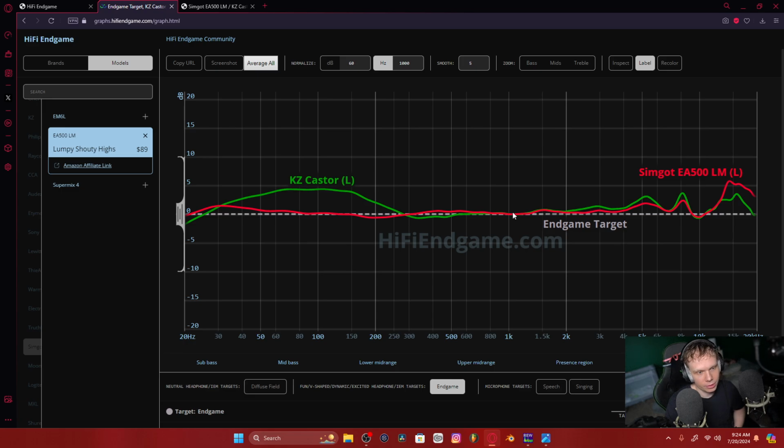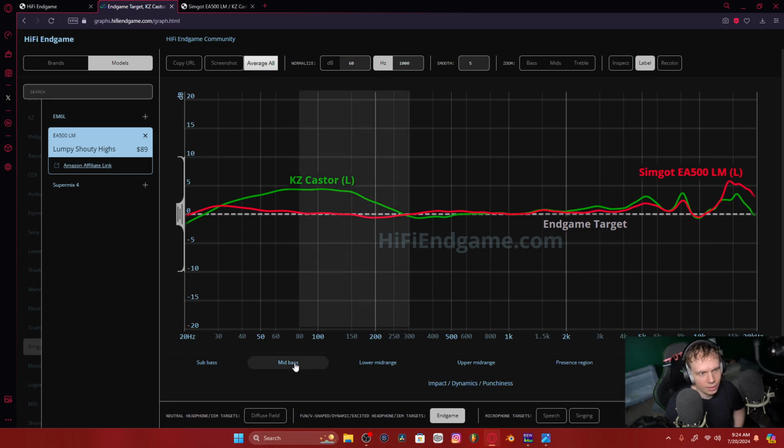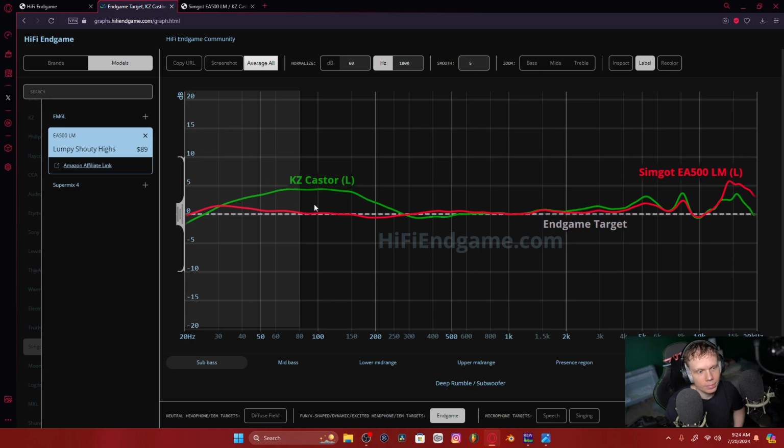So we can compare and contrast different things. We can see the KZ Caster has a lot more mid bass and sub bass emphasis over the target.